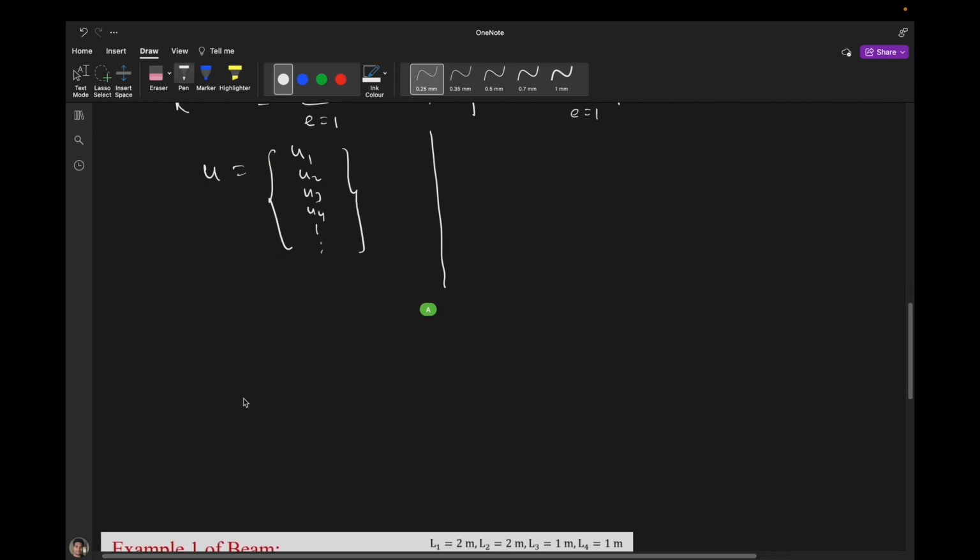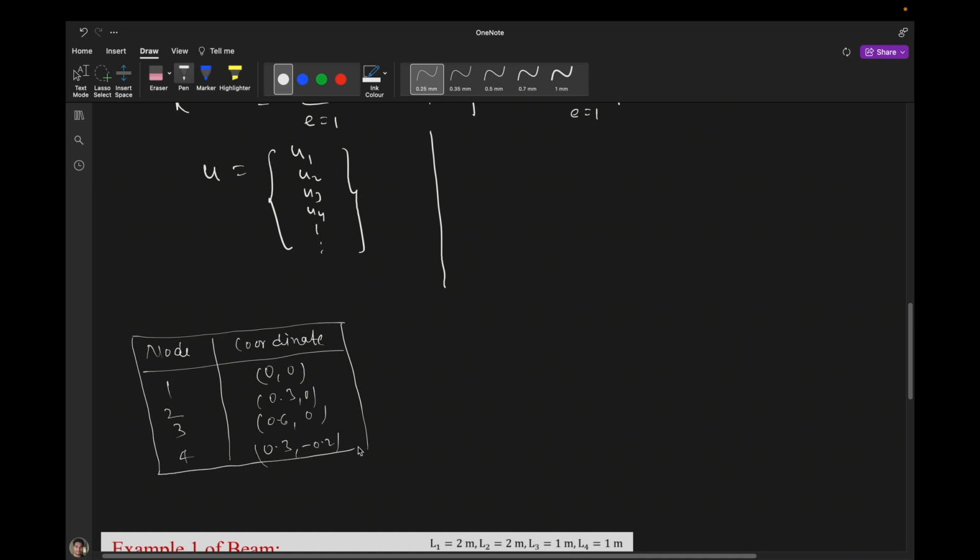In the given problem, we need to write the node and its coordinate. It says that for node 1 the coordinate is 0, 0; for node 2 the coordinate is 0.3, 0; for node 3 it is 0.6, 0; and for node 4 it is 0.3, minus 0.2.